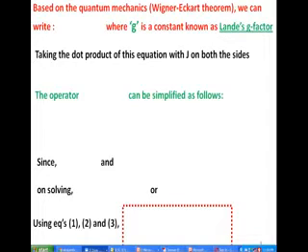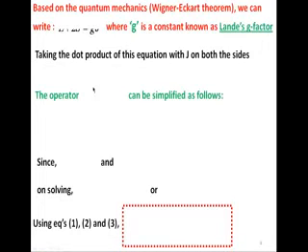Based upon quantum mechanics, we write L plus 2S equal to G J, where G is a constant known as the Lande G factor, and the value of G depends upon the energy state. It is different for different energy states.